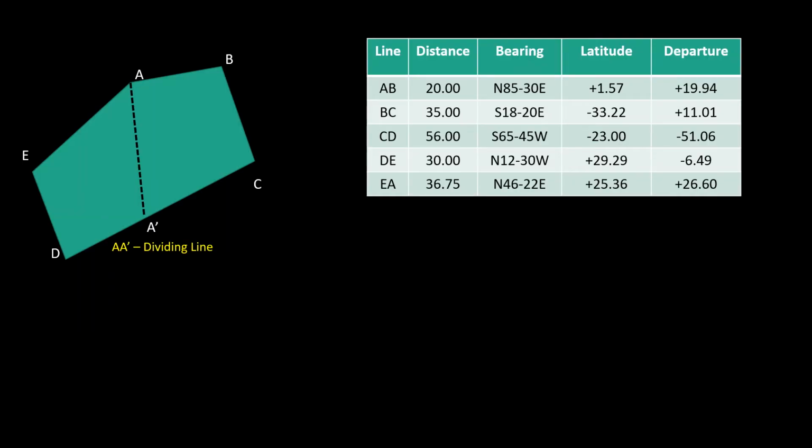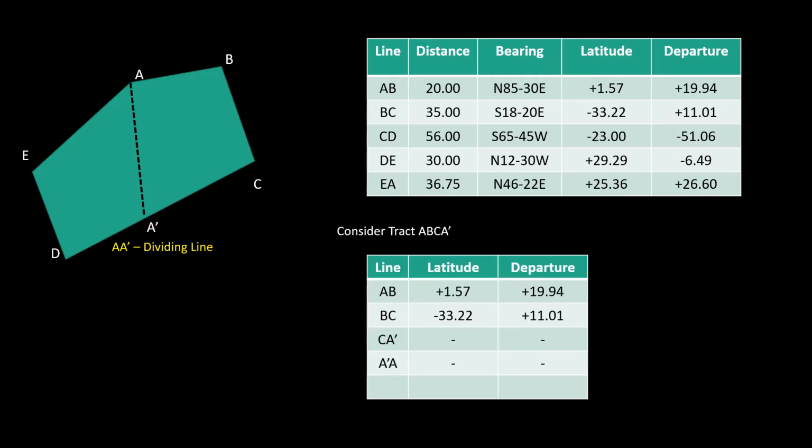So to continue, we will consider tract A, B, C, A prime. So we create a table for the latitudes and the departures of the sides AB, BC, CA prime, and A prime A. Now, A prime is the midpoint of CD.